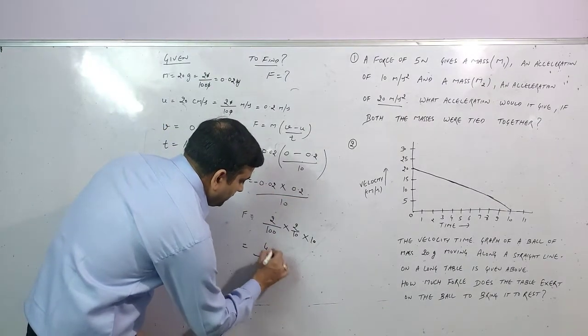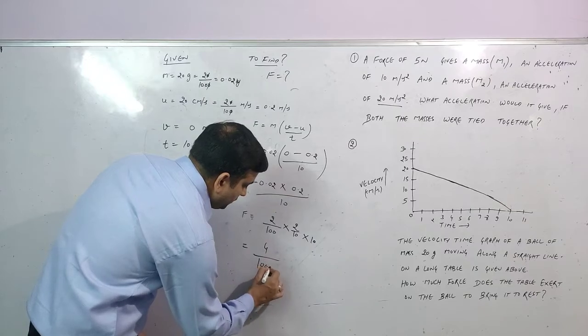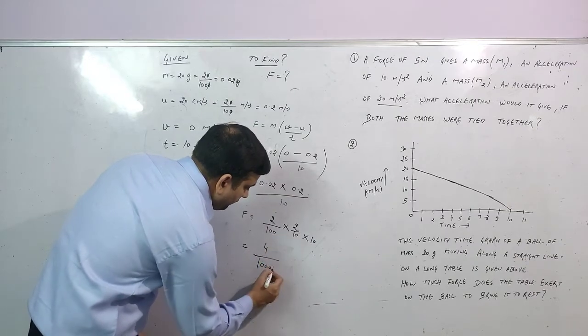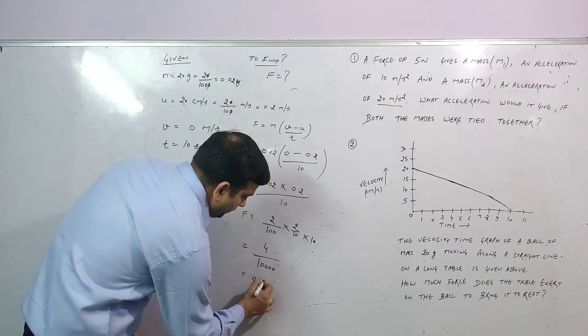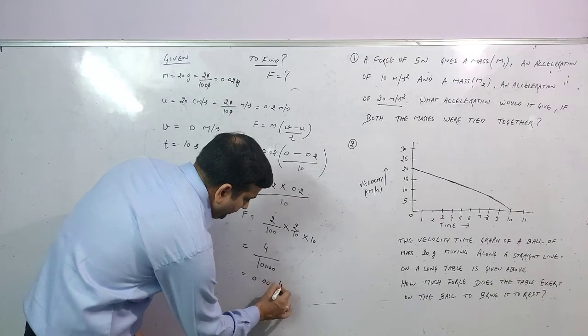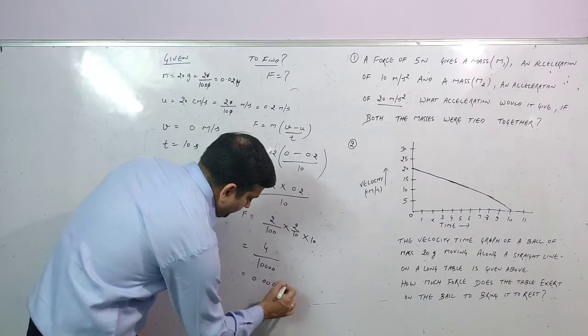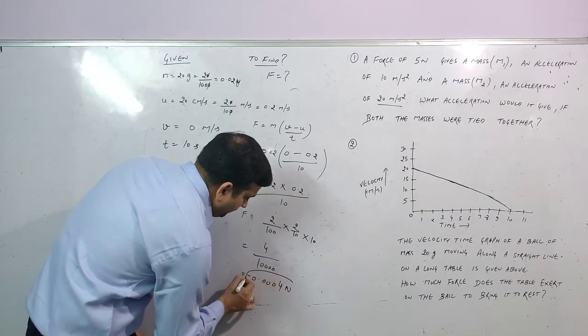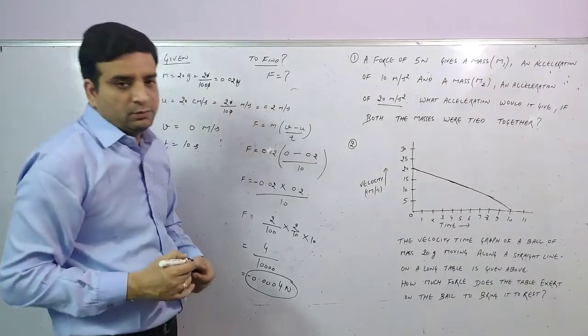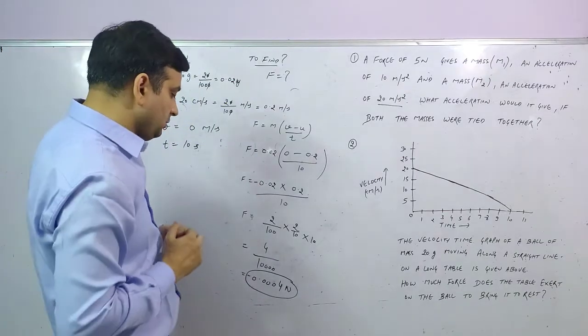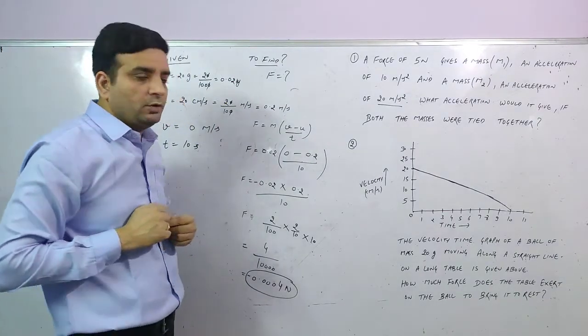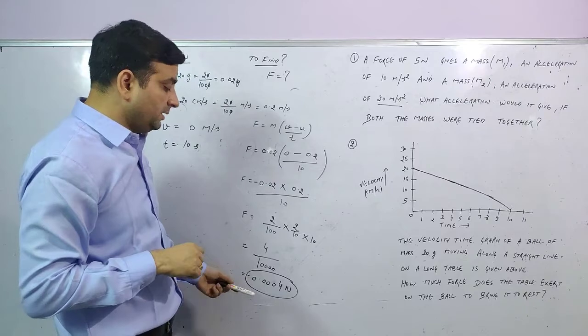So that will be 4 divided by 1 2 3 4 zeros. So it will be 0.0004 Newton, and that will be your minus. So minus 0.0004 Newton.